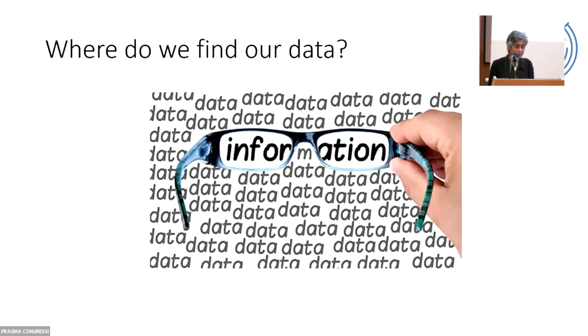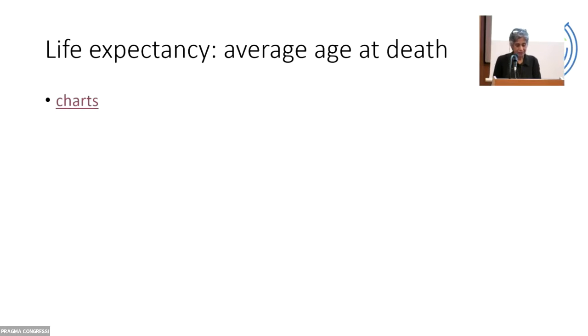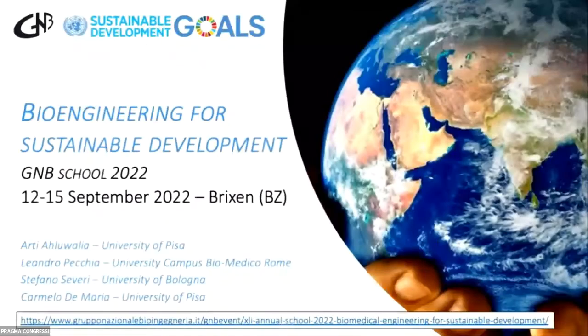And what do you find? You find lots of websites. I can tell you that possibly the most useful, at least for me, is the World Health Organization database and Our World in Data. So I would ask you to just click on that.